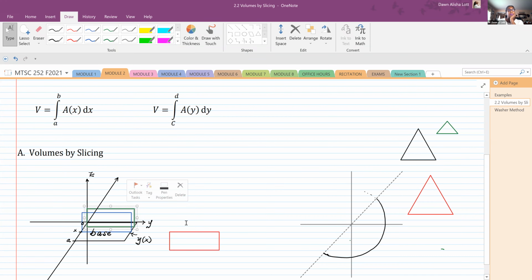Okay, there we go. And then here, now you can see that the cross sections are rectangles.